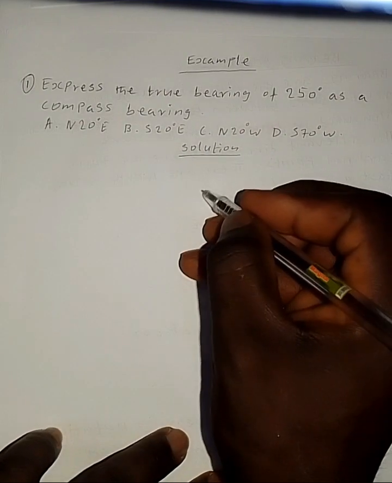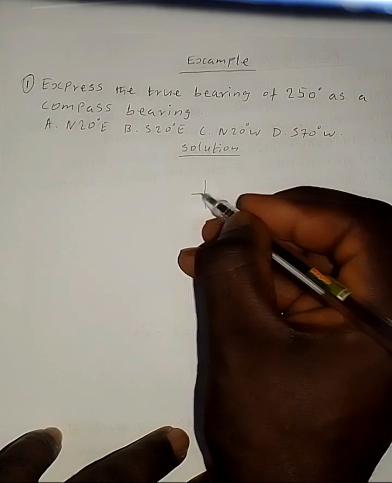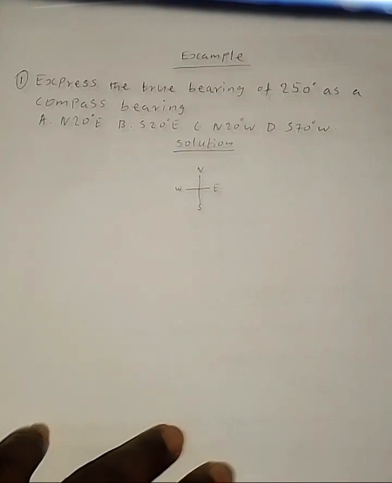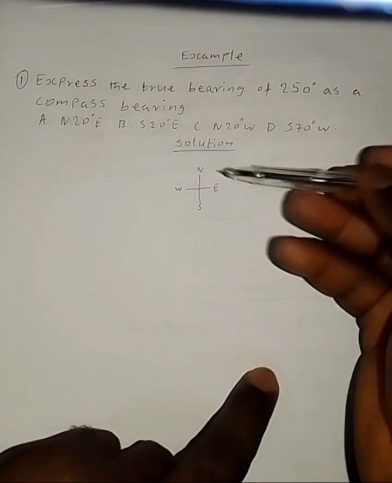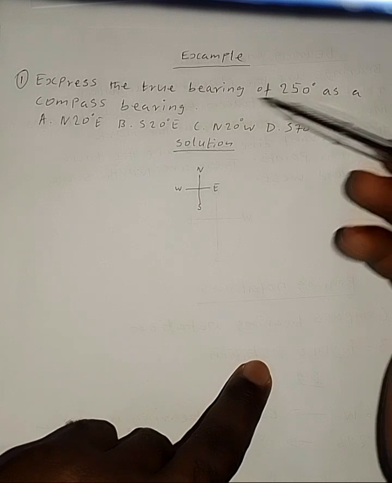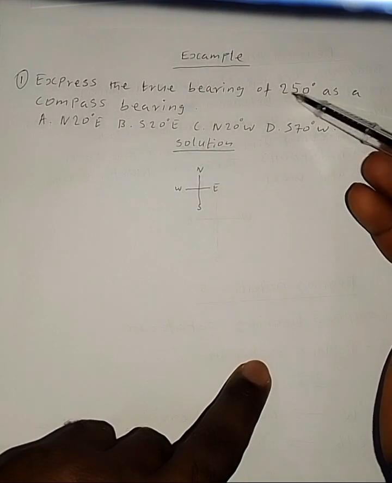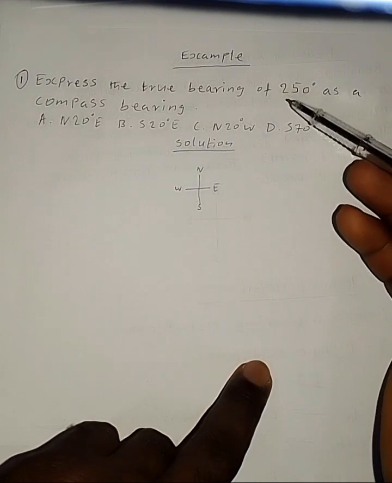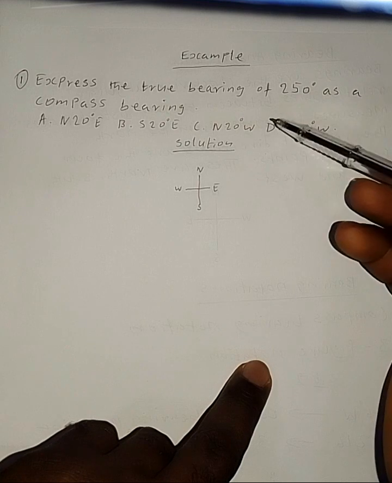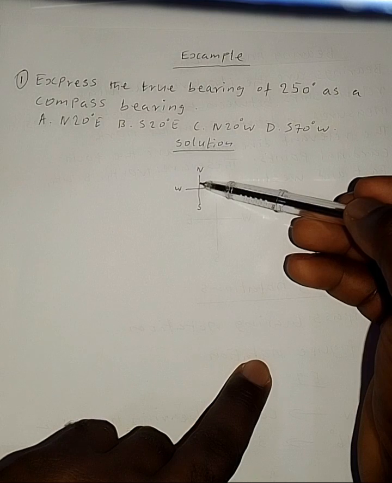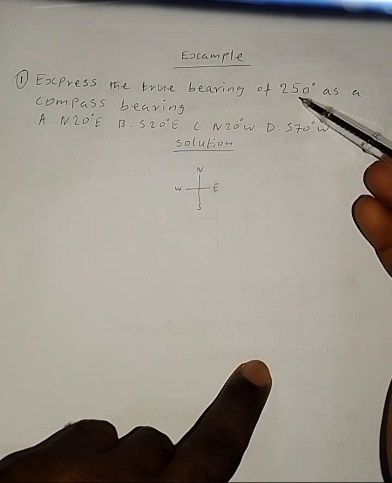Okay, let us represent this using a diagram. Draw your four cardinal points: north, south, east, and west. Each of these quadrants is 90 degrees. The value we are to express as a compass bearing is 250 degrees. Starting from north, because in three-digit bearing the reading always starts from north, this is 90 degrees, which is smaller than 250.